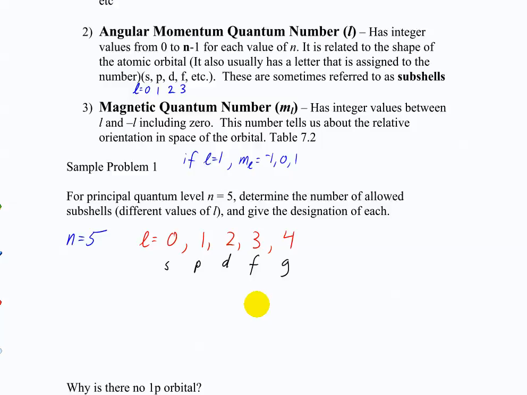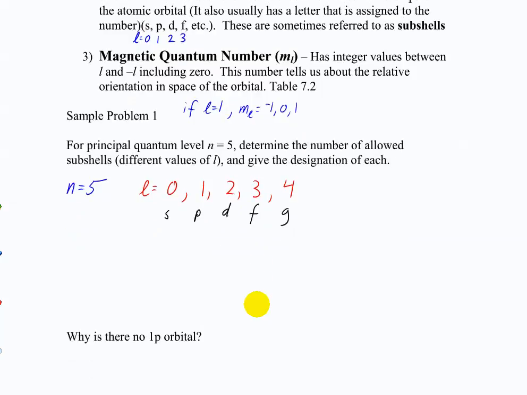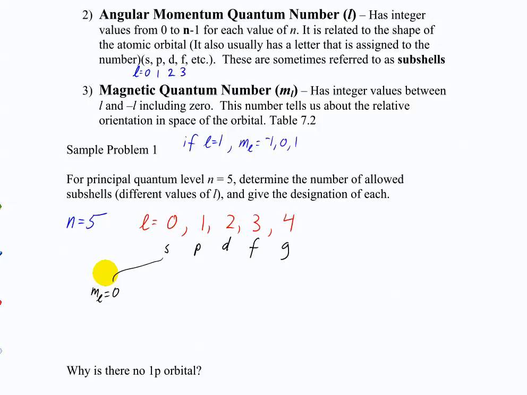And then we can break this down in terms of the MLs also. So an s orbital can only have ML equal 0 because it's L to -L. That means there's only one kind of s orbital. All right, only one orientation. It's a sphere.